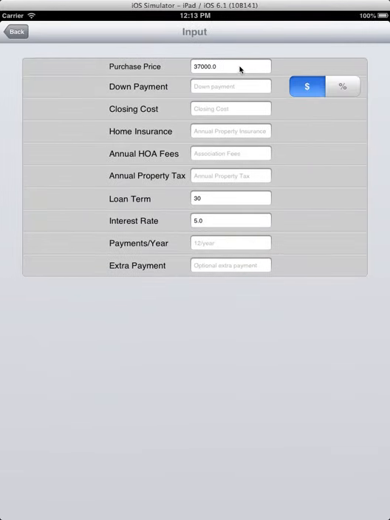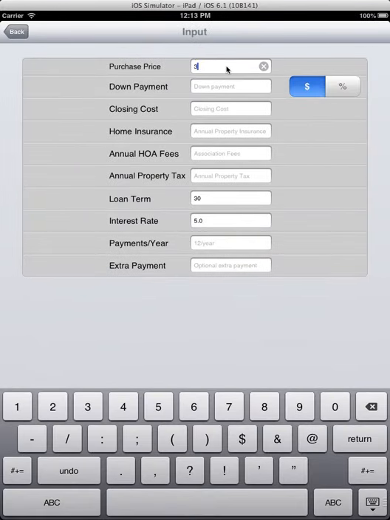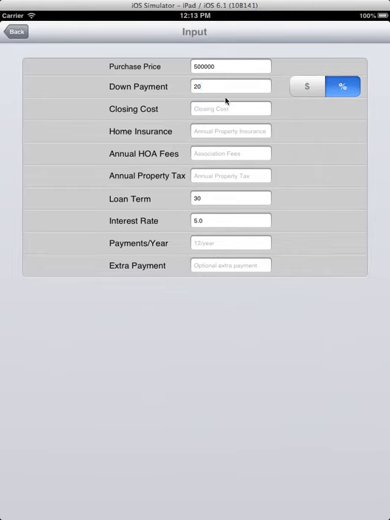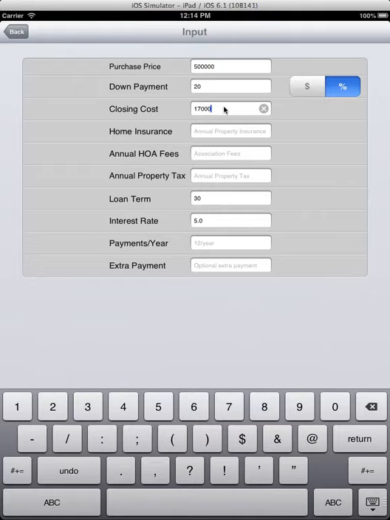Amortization, let's see, under 500,000, and down payment is 20%, and closing cost is 17,000. Home insurance is 1,500. Association fee is 200 per month.